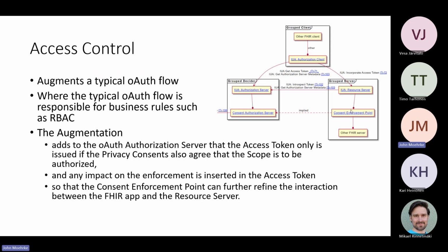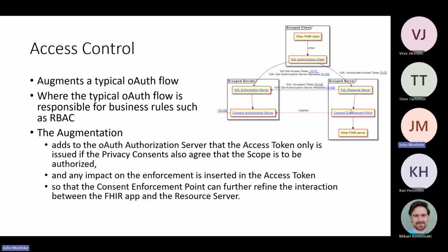What we do is we say the authorization server needs to have the assistance of this consent authorization server such that it makes decisions that are informed by the FHIR consent or the set of FHIR consents that are available. That could be a go, no go, at which point the rest of OAuth doesn't matter, right?